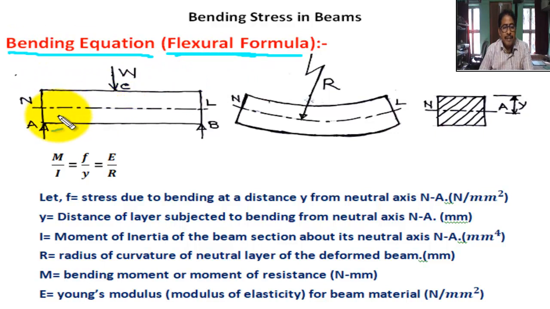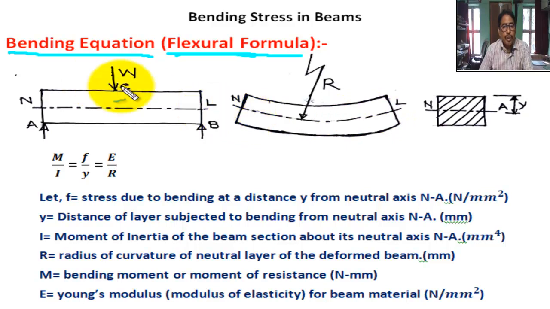This is the initial position of the beam. The beam is supported at end A and end B. NL is the neutral layer. This is the final position of the beam, the length of the beam under the action of a bending moment.